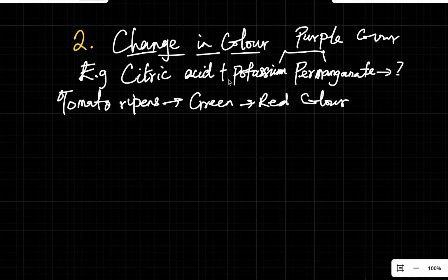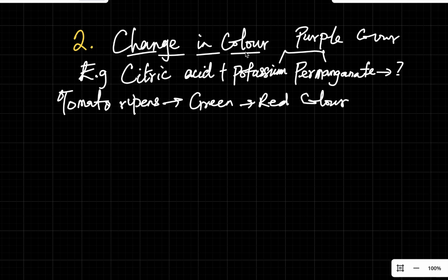The solution becomes colorless. Immediately citric acid is added to potassium permanganate, it becomes colorless. Remember I said this is purple color, so when citric acid is added to this purple color, you will not see color again. It becomes colorless.